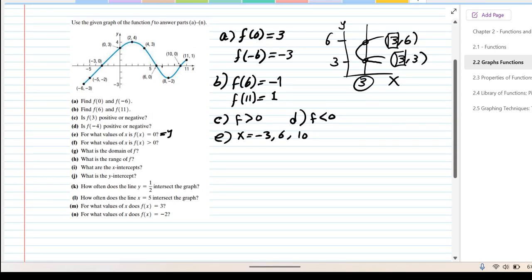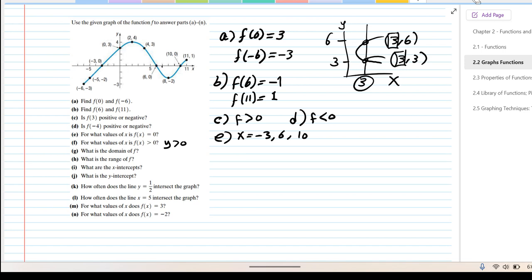In part F, for what values of x is f of x positive? Now this time y is positive. So if I draw a line here, you're looking at positive values of y here, and the positive values of y right there. Correct? So for what values of x?